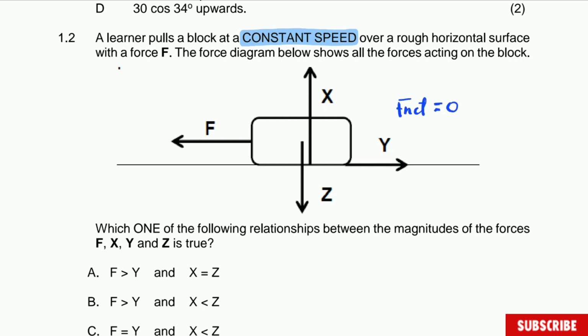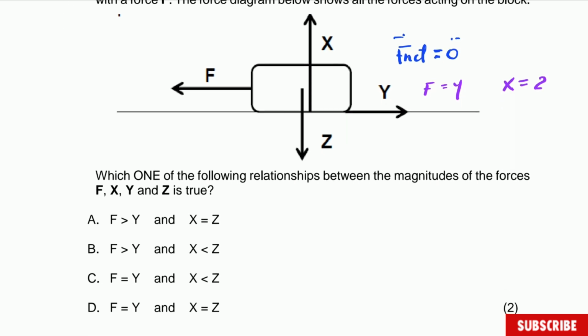If the net force is equal to 0, the forces going to the right must be equal to the forces on the left, and the forces on top must be equal to the forces at the bottom. So F must be equal to Y, and X must be equal to Z, and that is the case here. So the correct answer will be D, because the forces are at equilibrium.